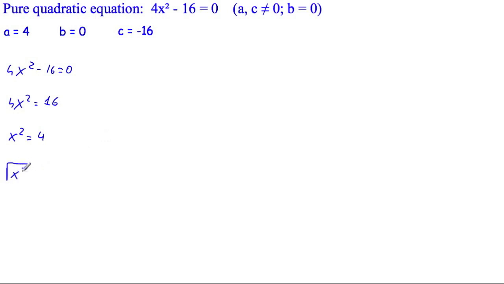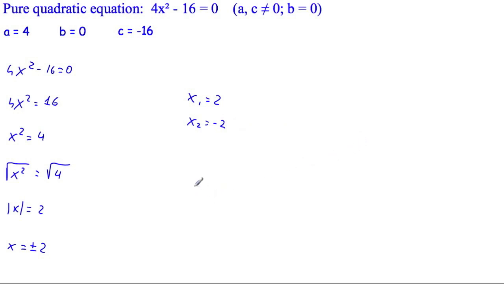The square root of x squared is equal to the square root of 4. The absolute value of x is 2, and so x1 and 2 are equal to plus or minus 2. The two solutions are x1, which is equal to 2, and x2, which is equal to negative 2. The two roots have the same absolute value, but opposite signs.